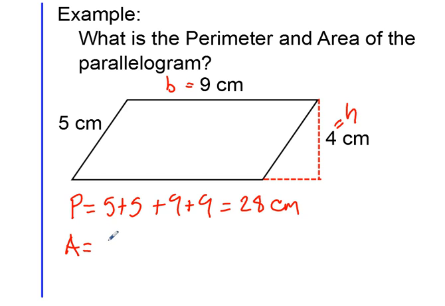So I'm going to multiply 9 times 4 and come out with 36 centimeters squared. Again, remember the difference between centimeters and centimeters squared for perimeter and for area, and make sure you know which is the actual height of the parallelogram and don't accidentally use one of the sides.